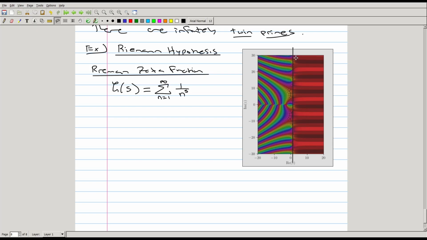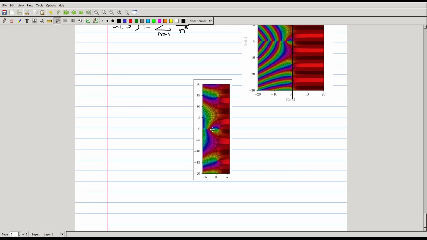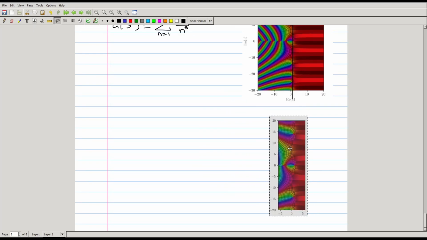So I'm going to do my best to put this at 1/2 right here. The Riemann zeta hypothesis is the hypothesis that all of the non-trivial zeros lie on this line. A more zoomed in picture of this critical strip, it's called, is right here.